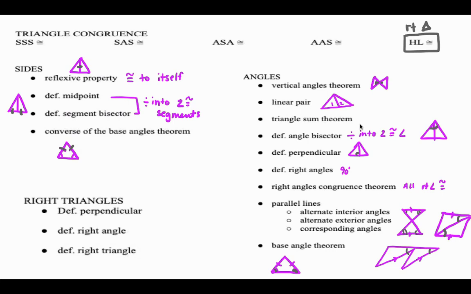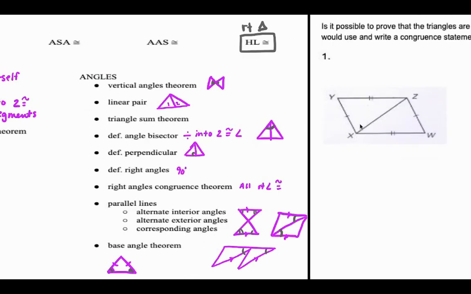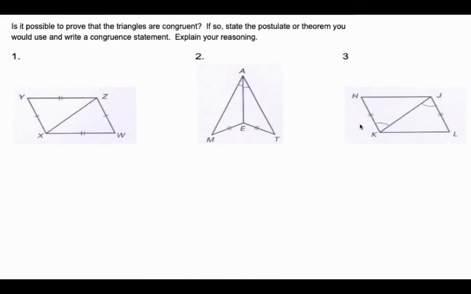Parallel lines always will be identified so that we can get congruent angles, and of course our base angles theorem. So we're going to need to use this information as we go through the examples. So in this set of problems, we are going to be asked, is it possible to prove congruent?